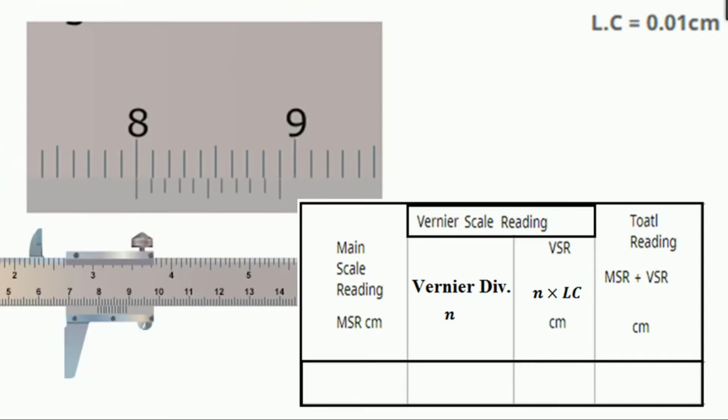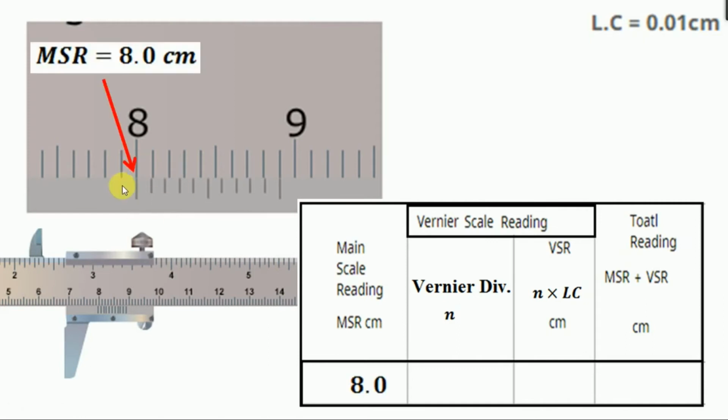Similarly, out here you can see it is exactly coinciding with the 8. In this case you can see there are 2 vernier divisions which are coinciding. So we have to take the lower one, because if you take this one, your reading will be 8.09, and 8.09 will be somewhere out here.